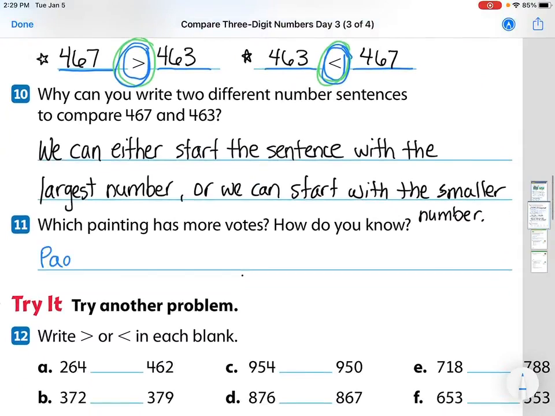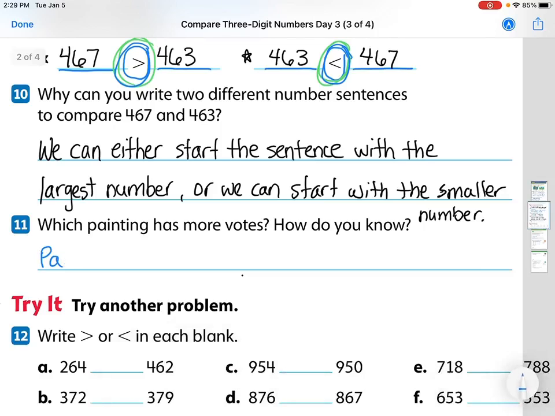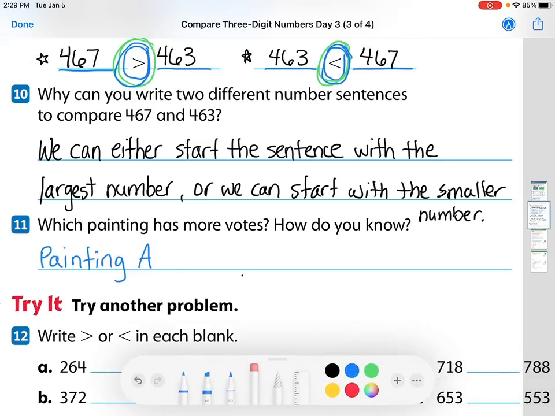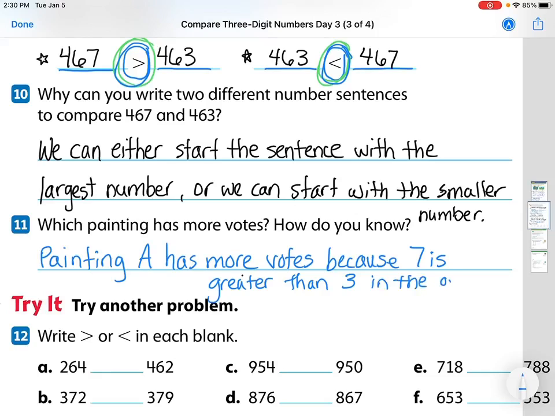So, let's do that again. Painting A has more votes because 7 is greater than 3 in the ones place.